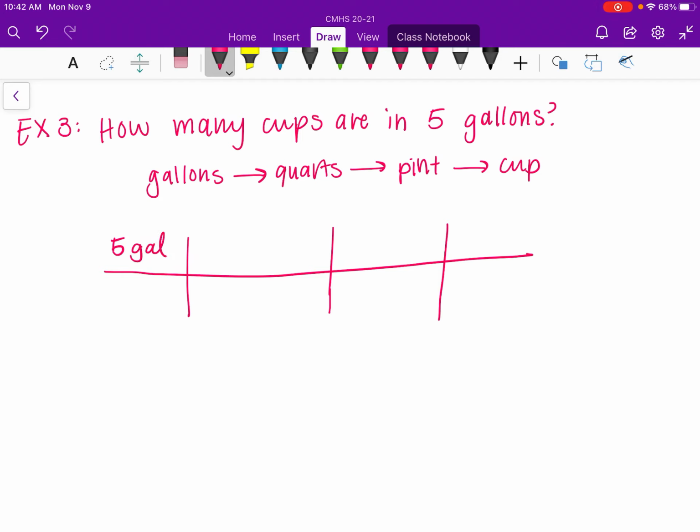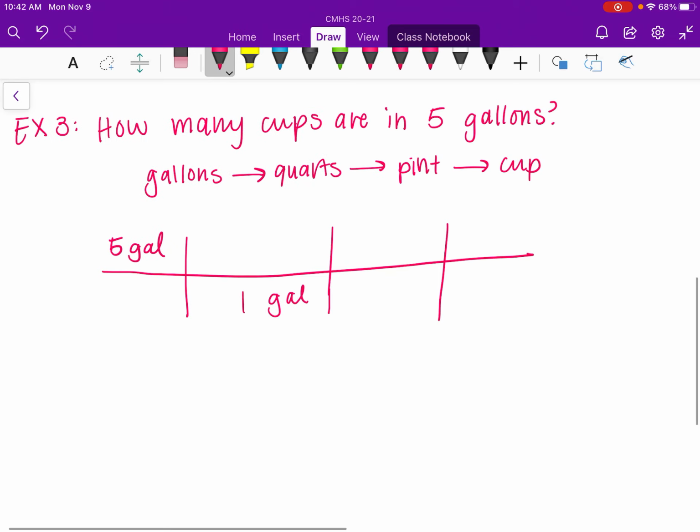Next, we need to go from gallons to quarts. Remember, we want gallons to cancel. So since it's on the top, we put it on the bottom. 1 gallon is 4 quarts. I'm just going to put QU. Then we go from quarts to pints. So here, gallons are done. So put quarts on the bottom, pints on the top.